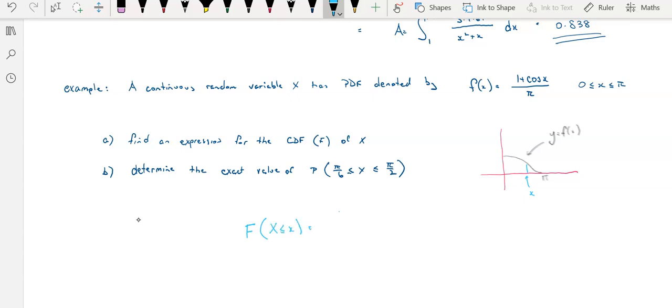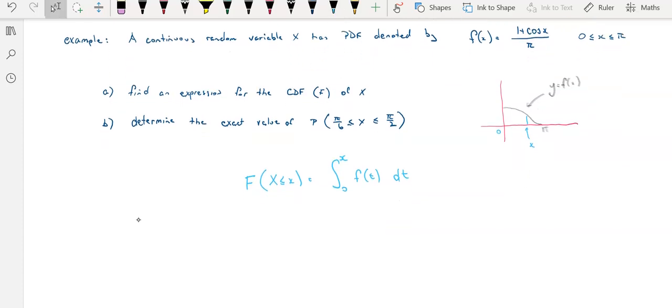This is going to be the integral between 0 and x of f(t) dt. Just bear with me, you'll see how it plays out. We're just replacing our x's with t's, so we end up with the integral of 1 plus cos t over pi dt.